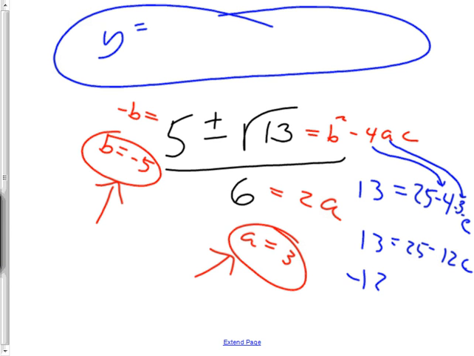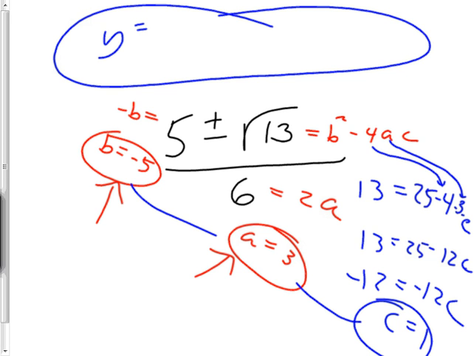So we got negative 12 equals negative 12c, and then c equals 1. And a lot of people forgot. So many people forgot. They just told me a, b, and c. Yes, those are a, b, and c. But your answer is ax squared plus bx plus c. So 3x squared, and b is negative 5x, and then c is plus 1. And there you go. That's another tough one, but doable.